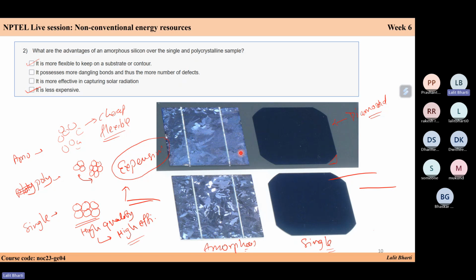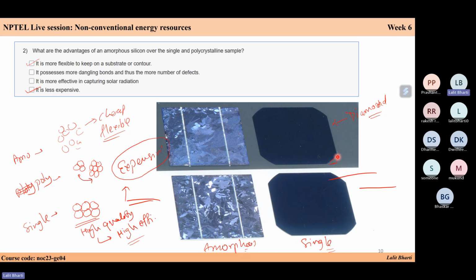There's one doubt. When you see a single crystalline solar cell and an amorphous solar cell, you can see the amorphous solar cells are square in nature to fill the whole space of a solar cell. But your single crystalline solar cells are in this shape, cut at the corners.